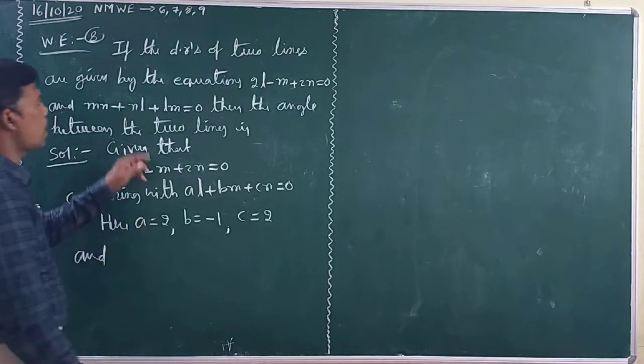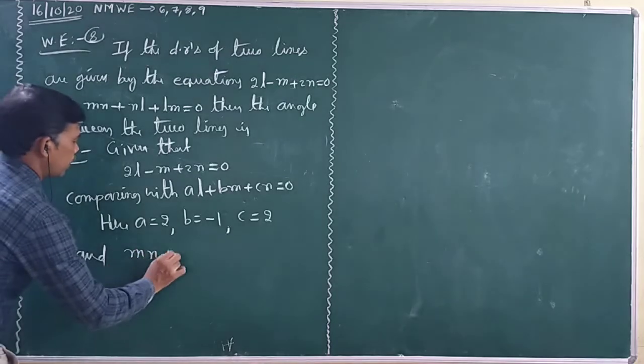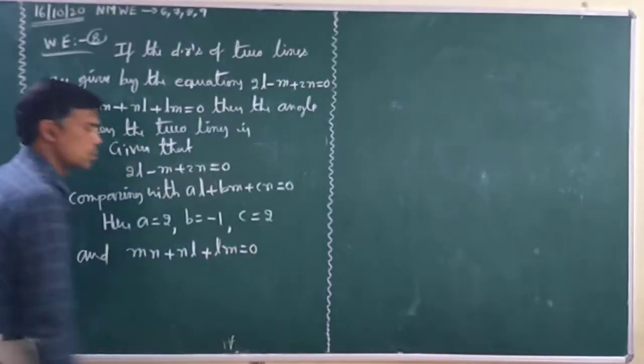And given another equation, mn plus nl plus lm is equal to 0.